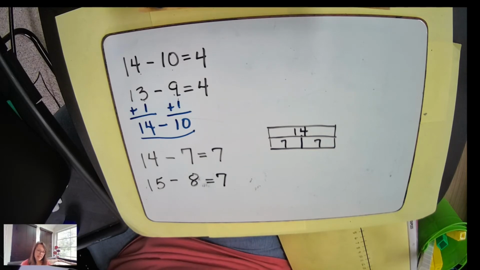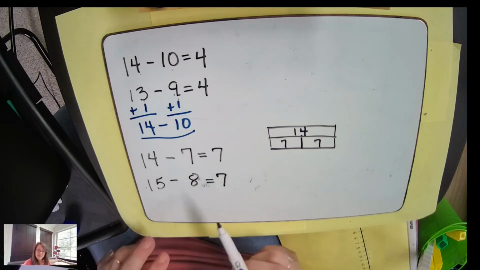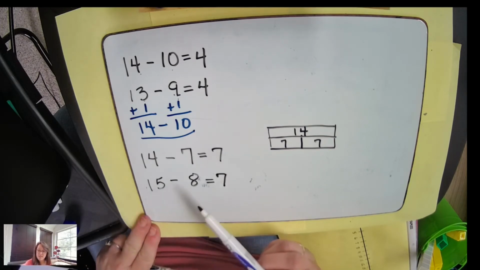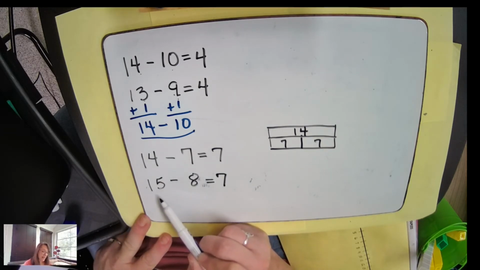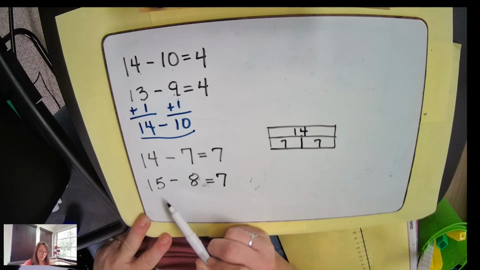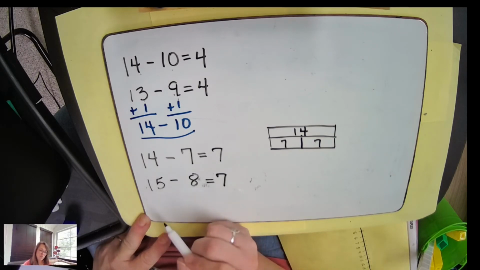Cameron, tell us how you were thinking about this problem. Okay, so Cameron says that he was thinking about keeping the constant difference. So, to make this a friendlier problem, what did you do, Cameron?